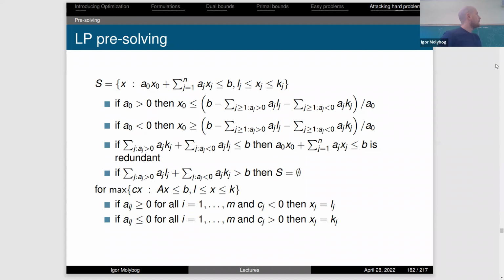Basically, these rules correspond to, since we have discussed all of them, I will not stop on them individually.